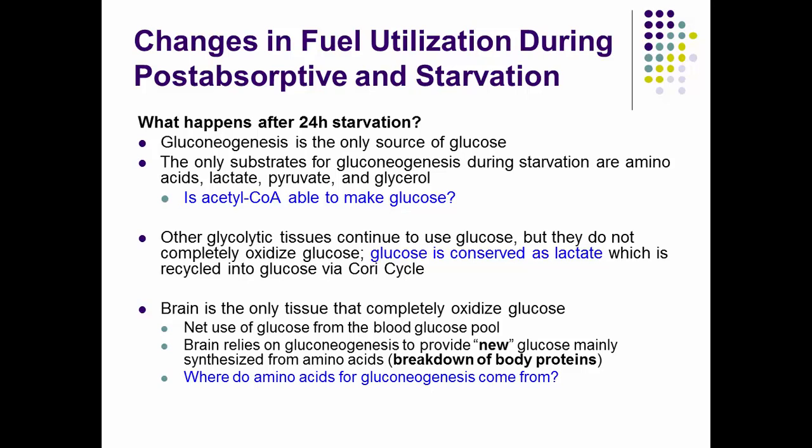So glucose is partially oxidized in a lot of tissues at this stage to make lactate, and lactate can serve as the precursor for gluconeogenesis, right? So brain is the only tissue that still completely oxidizes glucose, right? At this phase 3, after 24 hours, brain still utilizes glucose and is still able to completely oxidize glucose.